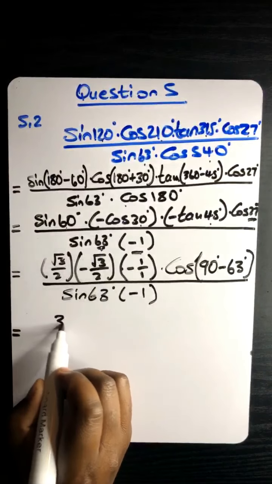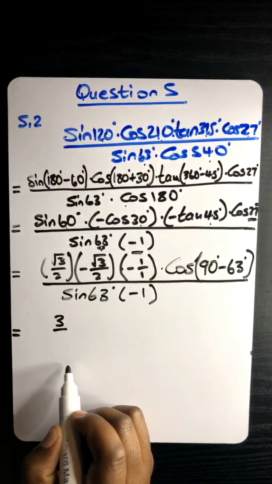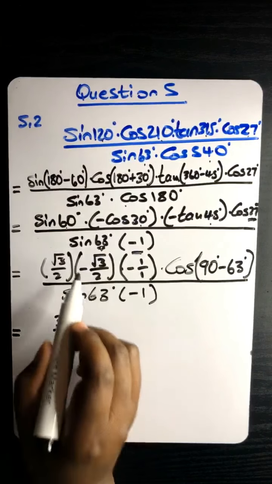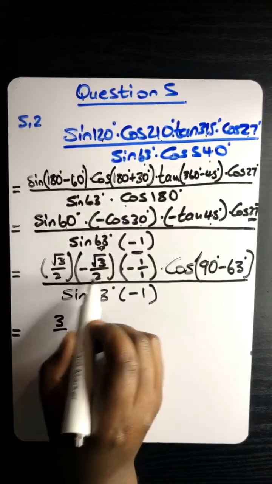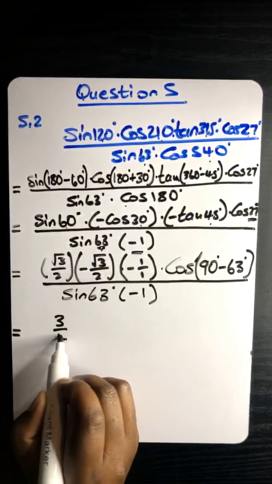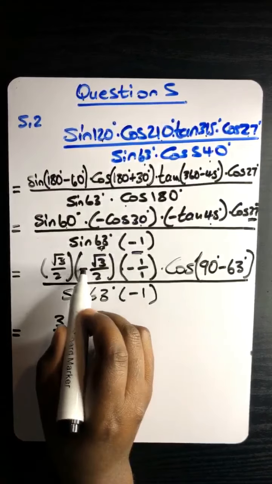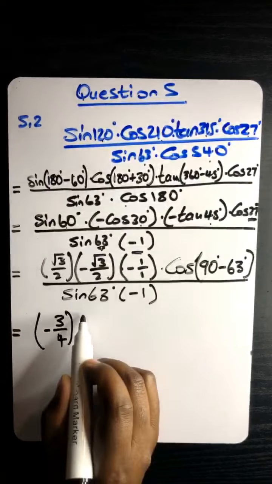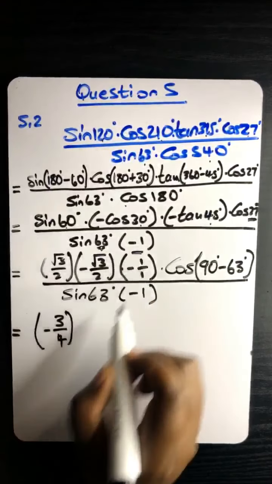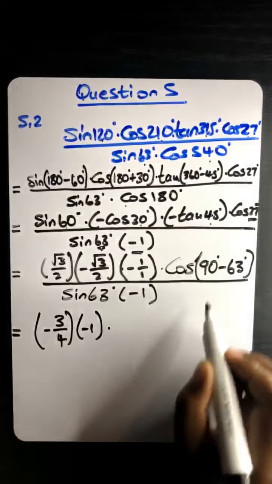Is it not 3, guys? Over 2 times 2, which is equal to 4. So I wanted to say that negative with that negative, they cancel each other out. But let's write that in the meantime and say negative 1 over 1 is the same as negative 1 times.